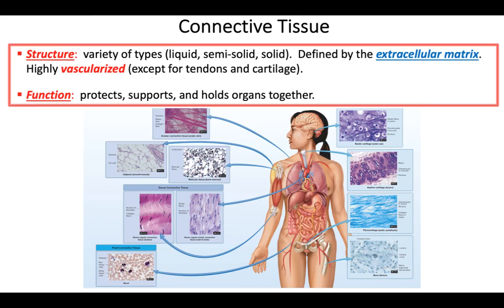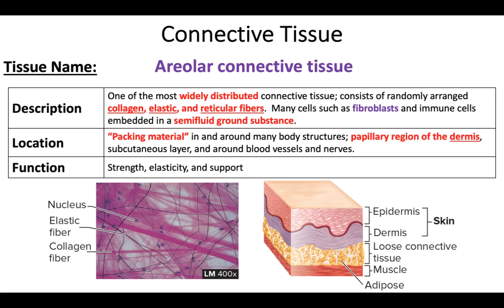Okay, so we're going to begin with areolar connective tissue. You can break down connective tissues into five basic types. You have what's called loose connective tissue, which areolar is an example of, where the proteins are kind of loosely arranged. And there's going to be three of those: areolar, adipose, and reticular.